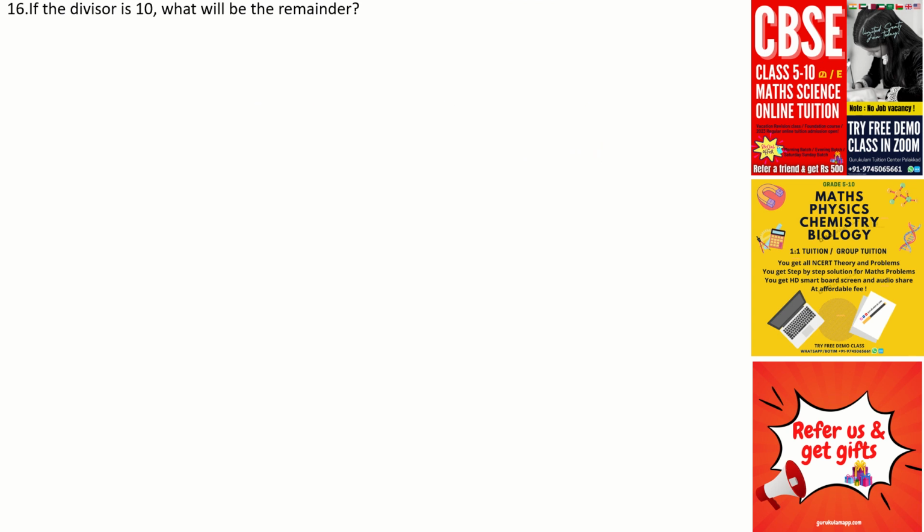And 16th one, if the divisor is 10, what will be the remainder? That is a question, right? So the question is what? A value divided by 10, right? Obviously there will not be any remainder.